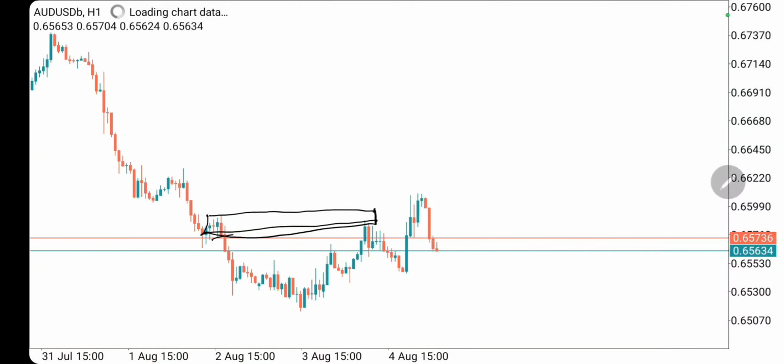So for a limit entry method, you would just place your sell limit order here and place your stop loss right here, and you expect that when price comes, it's going to sell down.